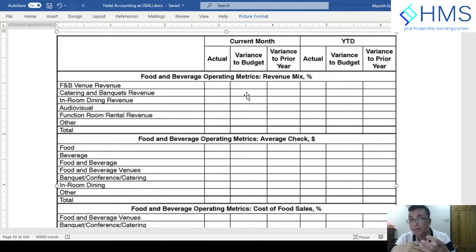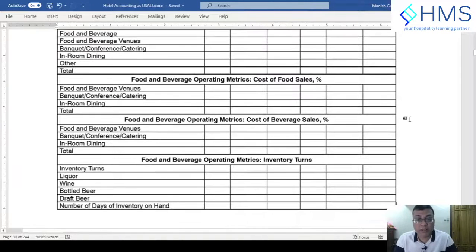When you are doing the budget, these percentages are automatically calculated, and then you compare them against the previous year, the similar month of the previous year, and also the year to date. The year to date will follow from the opening of your financial year, whatever the hotel is using.